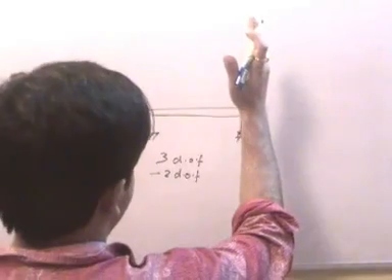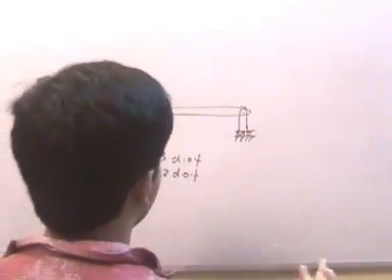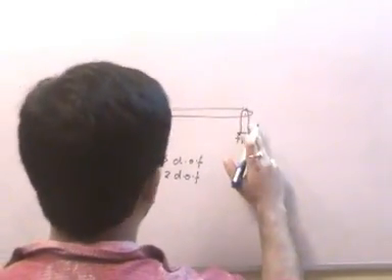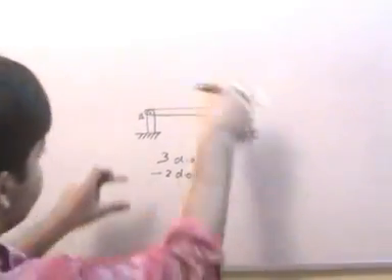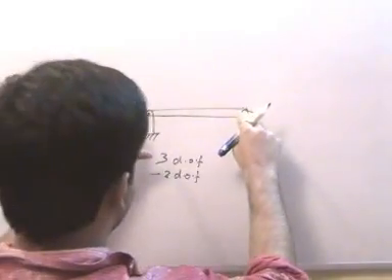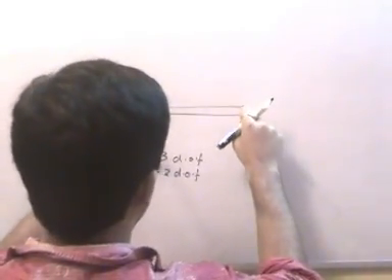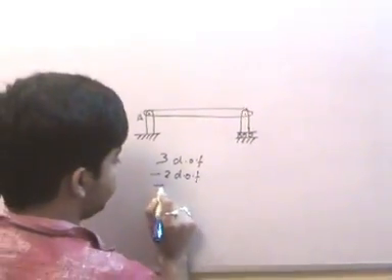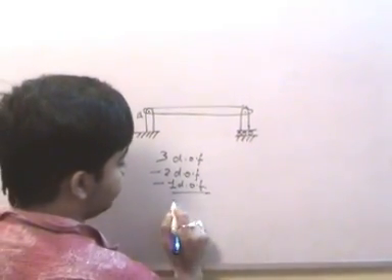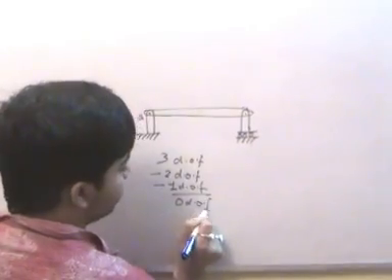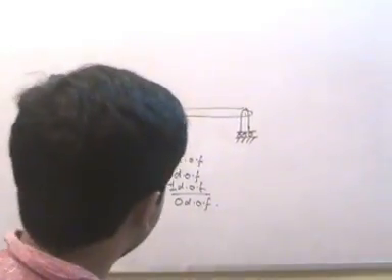If it doesn't allow movement along Y direction at this point, the structure will be a static structure, because this rotation will also be arrested, as it is pinned at these 2 points, right? So I arrest this 1 degree of freedom also, and this becomes 0 degrees of freedom, or essentially a static structure.